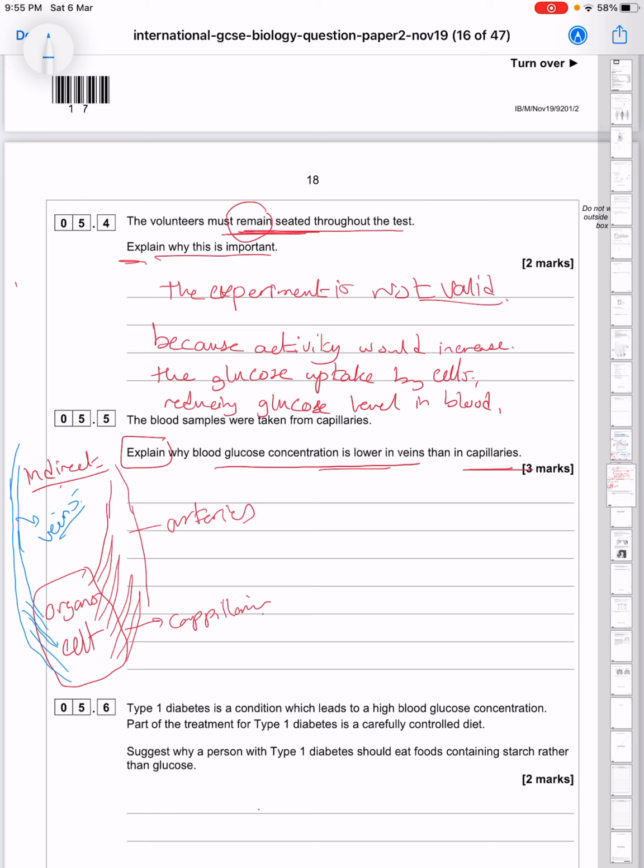Those veins would be full of carbon dioxide waste, right? That means less glucose, because basically glucose will be used by those organs and cells in aerobic respiration. That's a very quick explanation for it. So it's a 3 marks question, no doubt, because there's a lot of explanation.